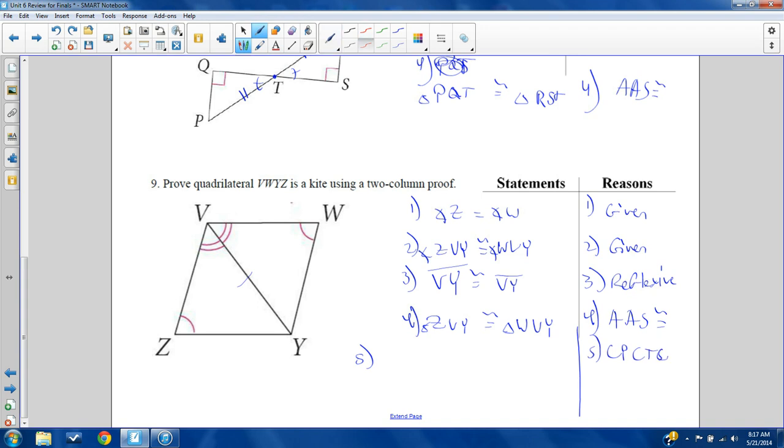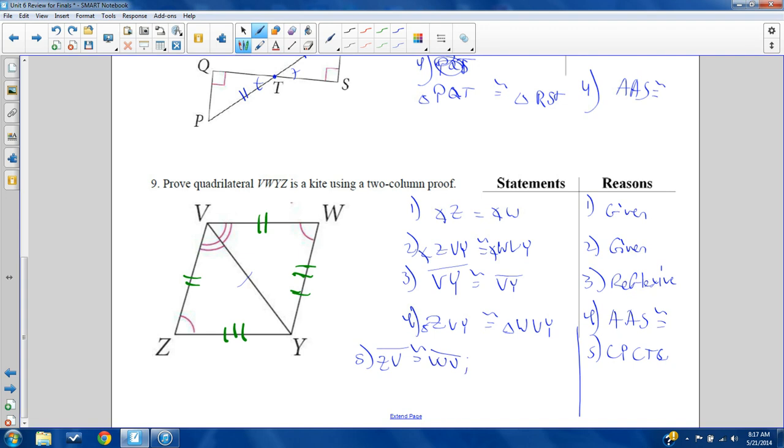Now I know, and I'm going to use different colors here, that ZV is congruent to WV. They're corresponding parts. I also know that ZY is congruent to WY. These are corresponding parts here and here. Again, CPCTC. Corresponding parts of congruent triangles are congruent. So ZV is congruent to WV.